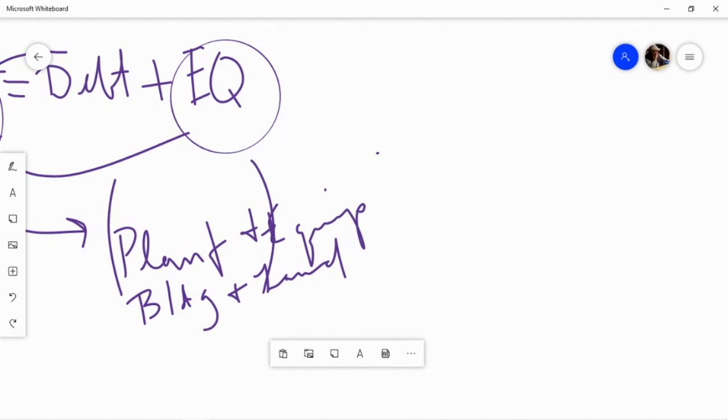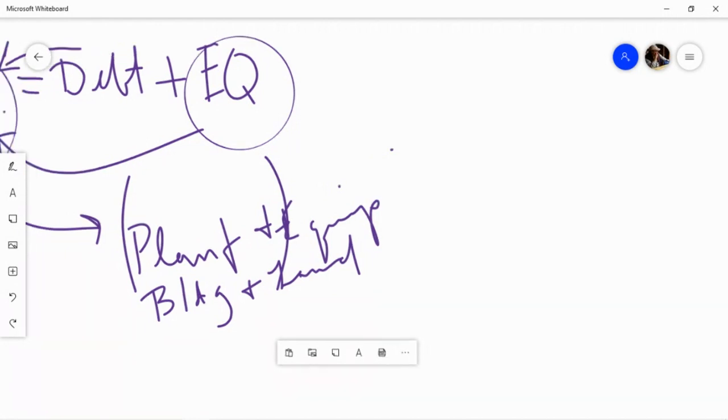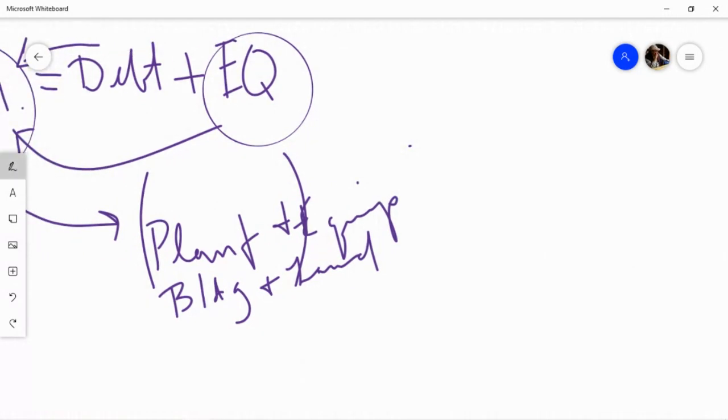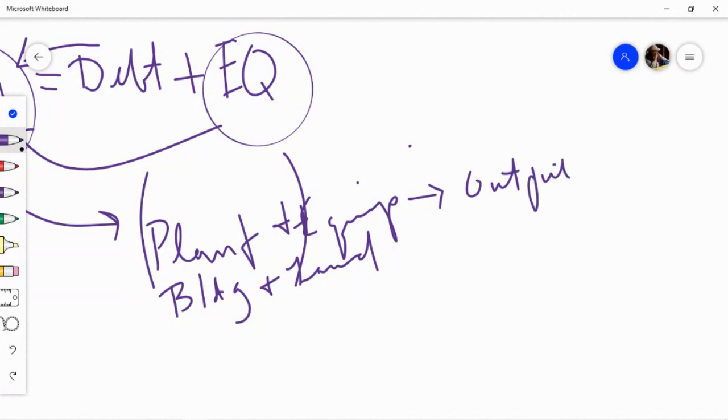Because think about it, plant and equipment, right? This is the backbone of the economy, plant and equipment. And remember, plant and equipment determines output capacity. The size of the plant and equipment determines output capacity.